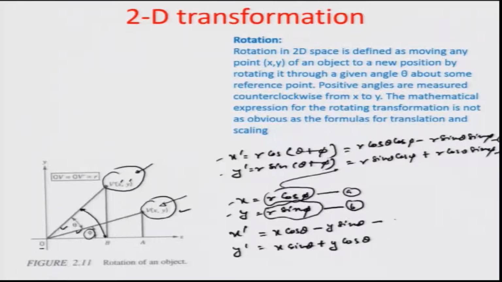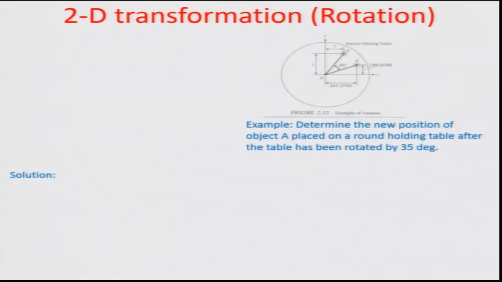So, these are the two emerging equations which would be transforming the x dash y dash in terms of the angle that the vector v had rotated by and the old coordinates of v which were x and y respectively.